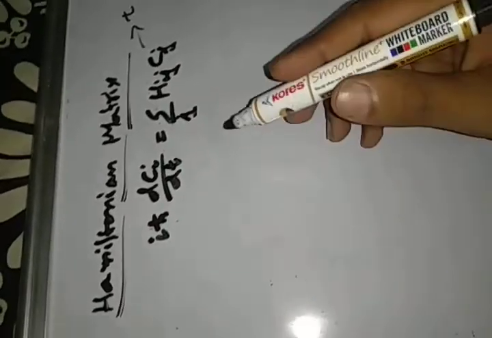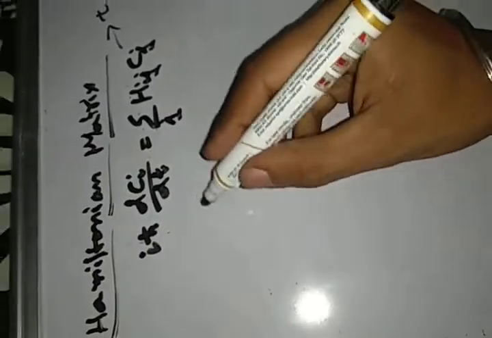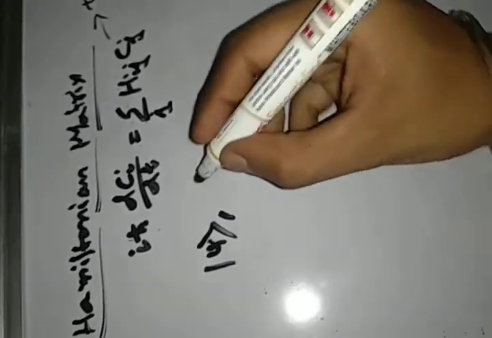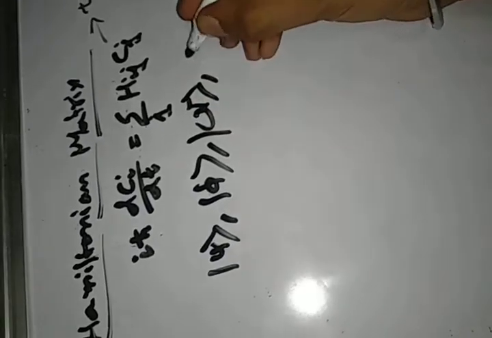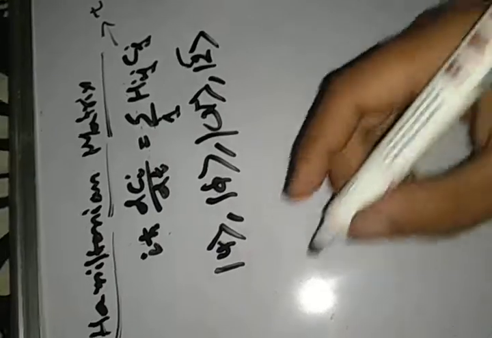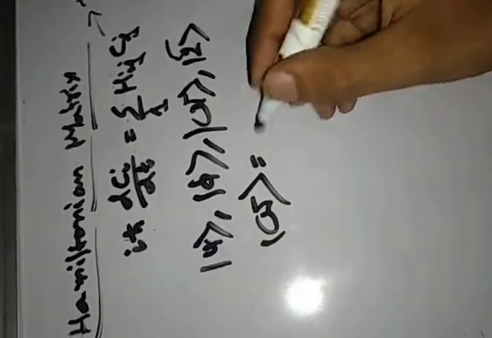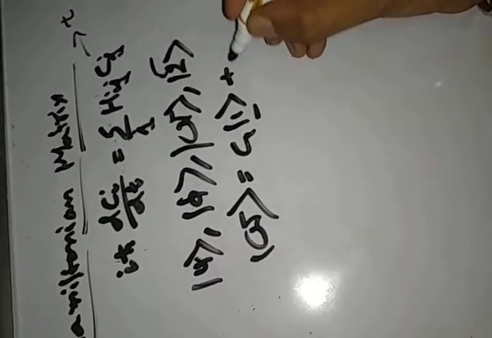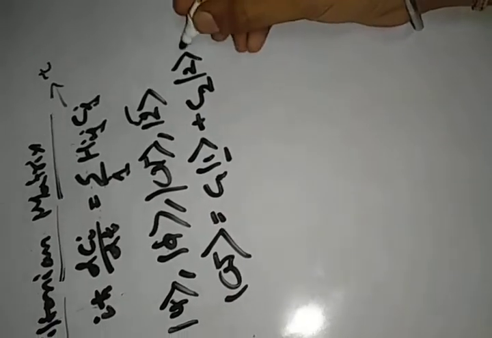Now from this we have to derive something which we know, that if a particle is in a state, then it can be represented in the form like this, with the basis vectors, one of the basis, this is another basis, and so on.